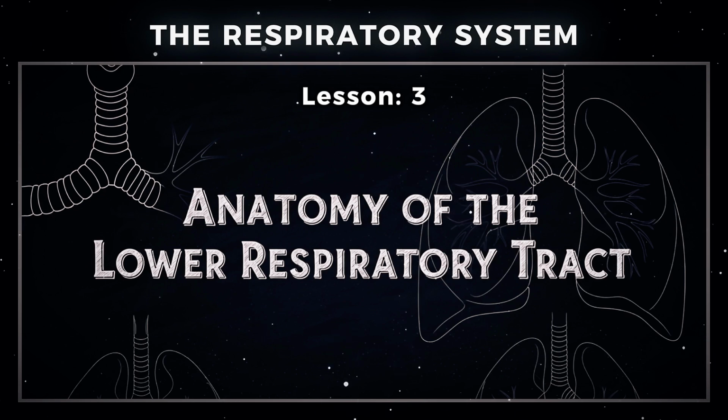The entire surface of the lungs and the inside of your chest wall is covered by a very special serous membrane called the pleura. The pleura is composed of 2 layers: the visceral pleura, which sits directly on the lung tissue, and the parietal pleura, which lines the chest cavity.